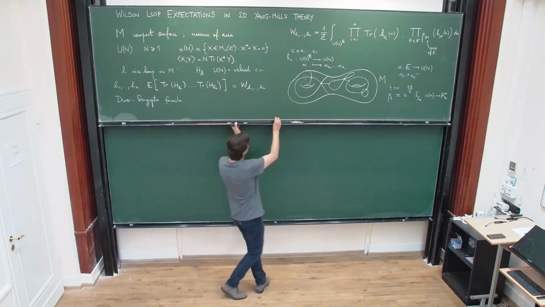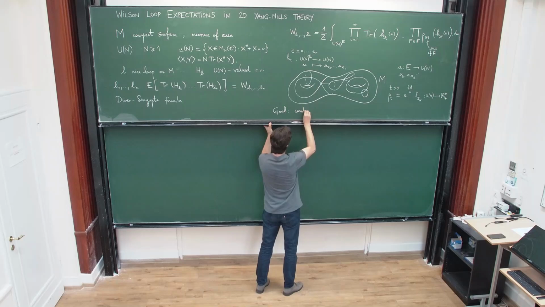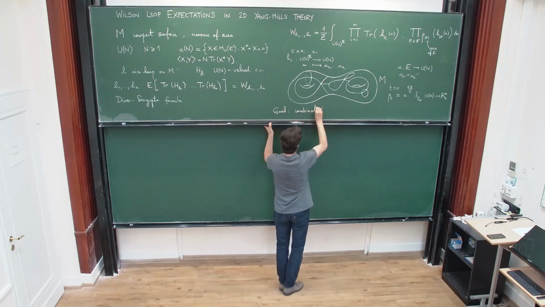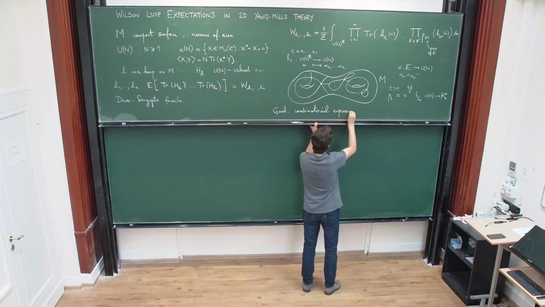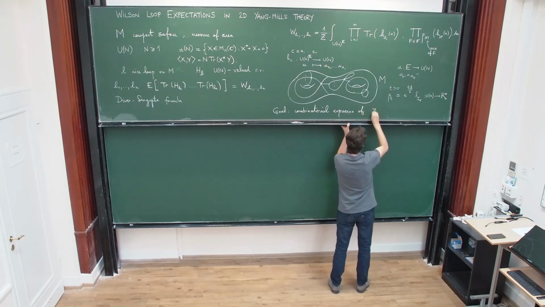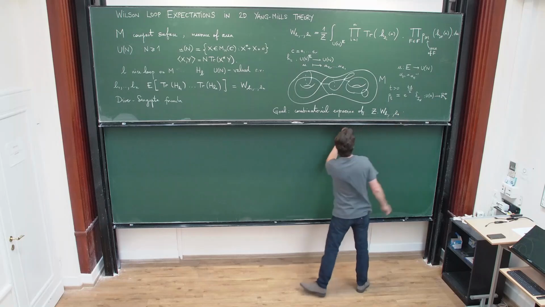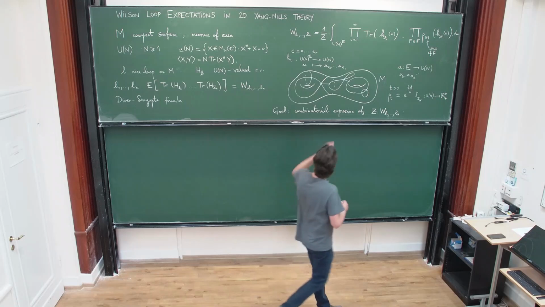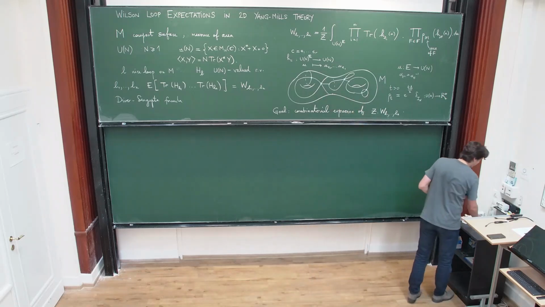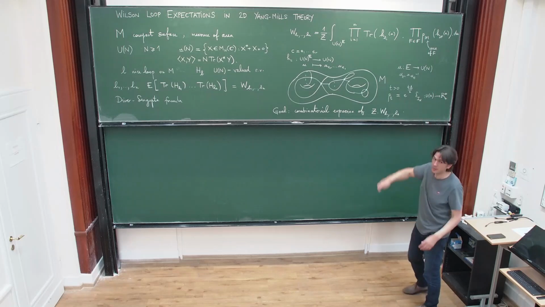So my goal is a combinatorial expression of Z times this Wilson loop functional. So I put the Z on the left hand side and I want to have a combinatorial expression of whatever is left on the right hand side.